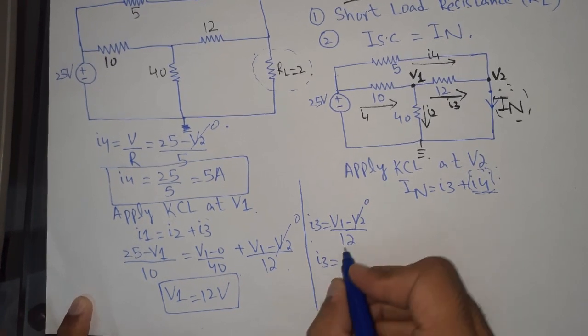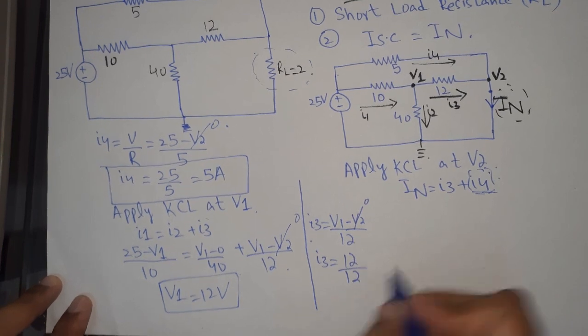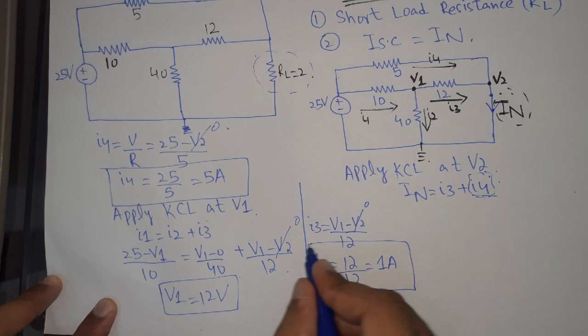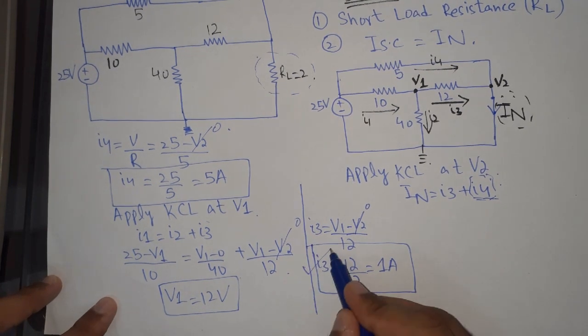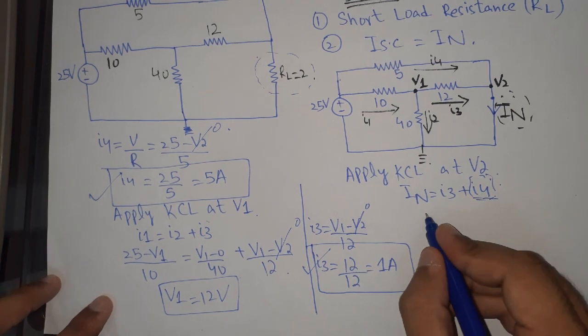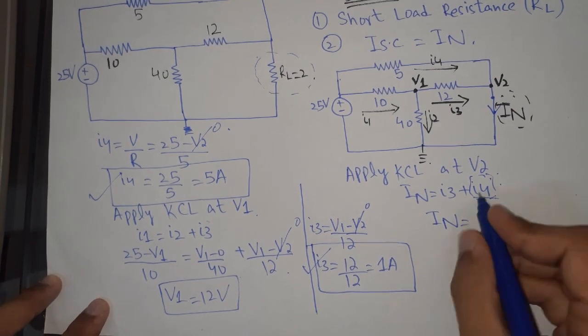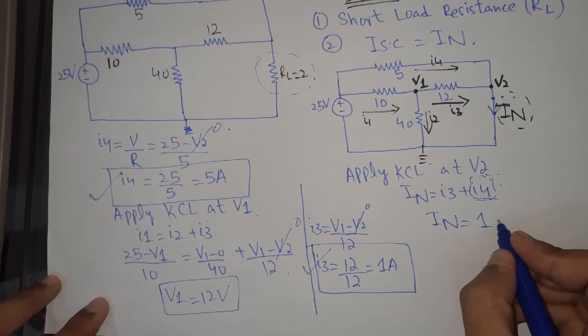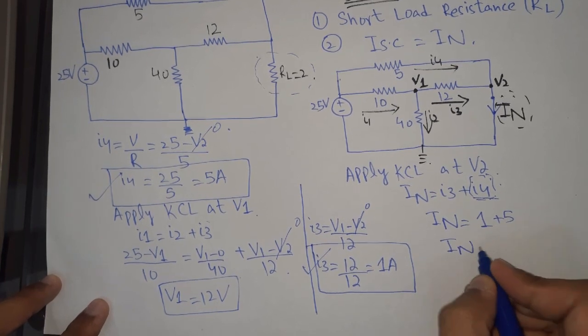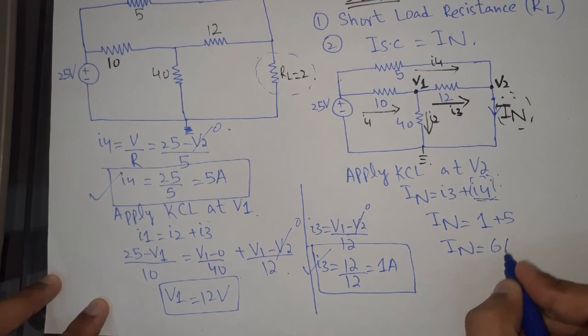So I3 is equal to 12 divided by 12, which is 1 ampere. Now students, we have the values of I3 and I4. So put these two values into the IN equation. IN is equal to 1 plus 5, so IN is equal to 6 ampere.